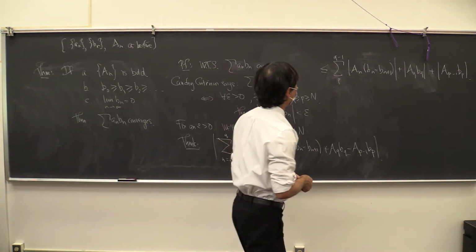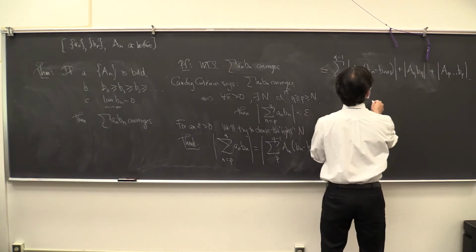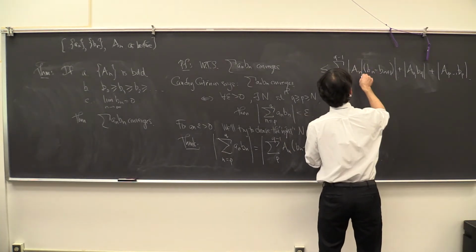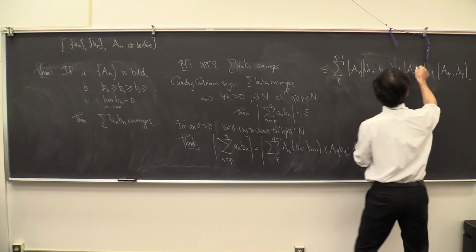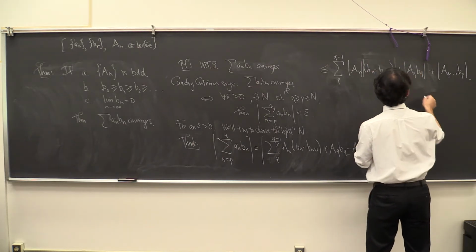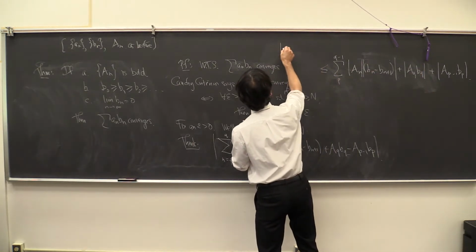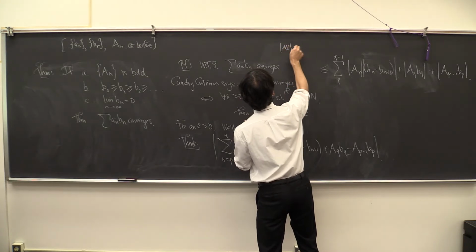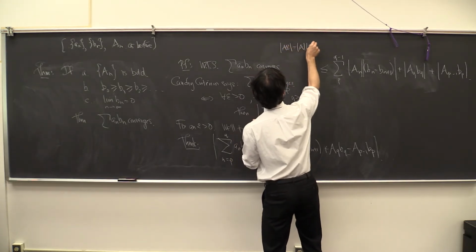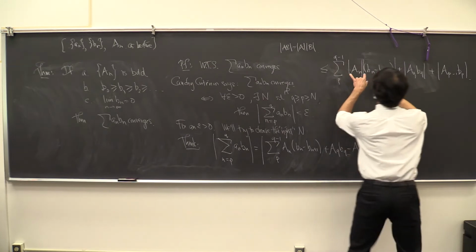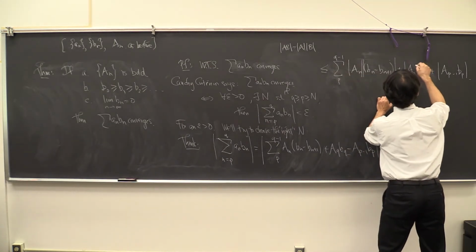And just by the properties of absolute value, if you take an absolute value of a product, that's the same thing as the product of the absolute values, right? So allow me to take the absolute values of these things individually.